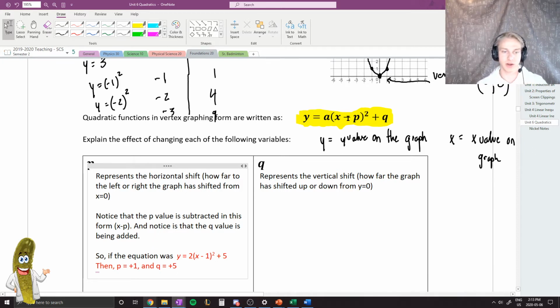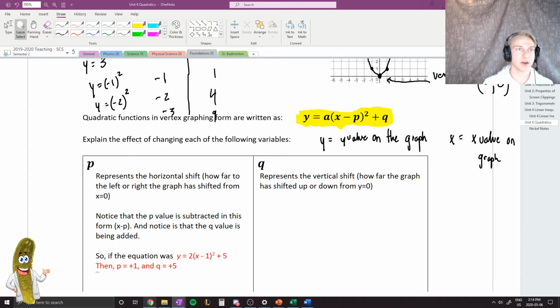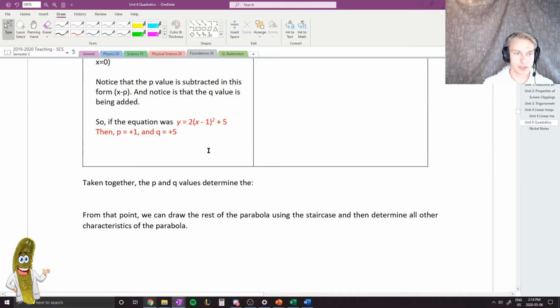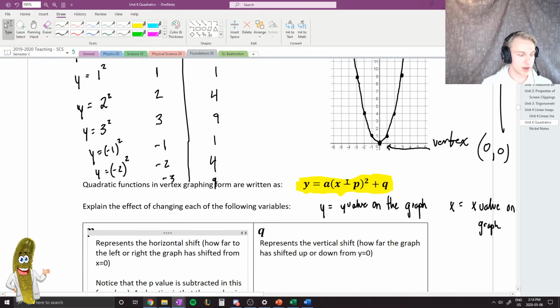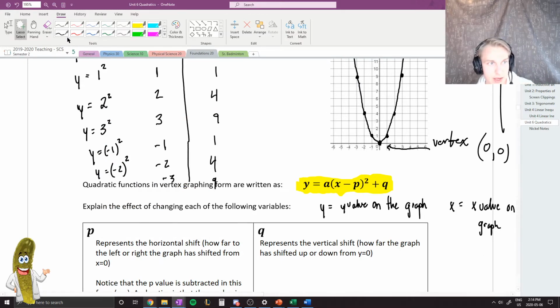So the negative sign that exists here is there before the actual p is. If we got a scenario that looked like this instead, so if the equation was y is equal to 3 times x plus 4 squared, the value of p in this case would be negative 4, because it would be like us having x minus a negative p, which would turn this into a plus sign.